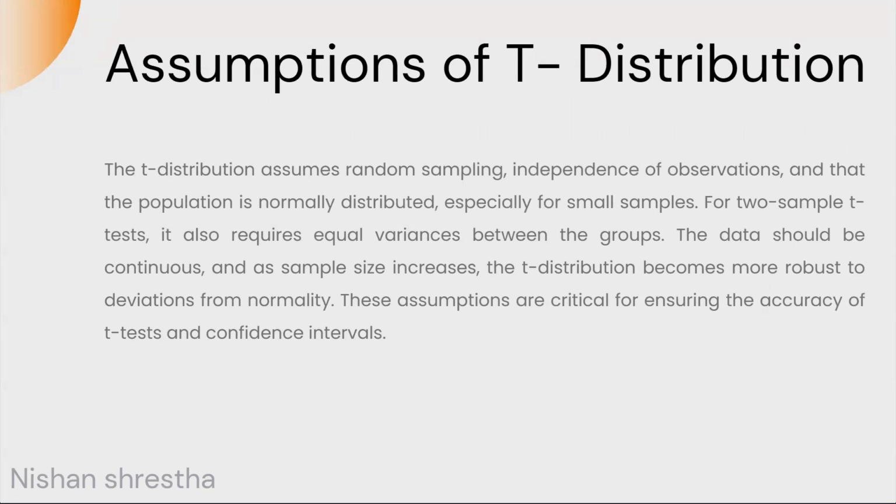Second, the population from which the sample is drawn should be normally distributed, which is particularly important when dealing with small sample sizes. Additionally, for two sample tests, the assumption of equal variance between the groups is required. Ensuring these assumptions are met is critical for the validity of t-tests and confidence intervals based on the t-distribution.